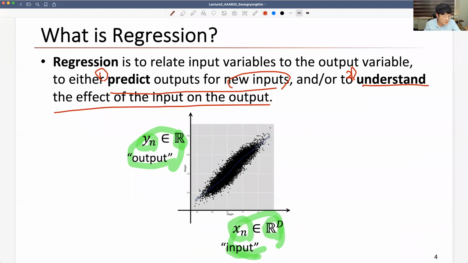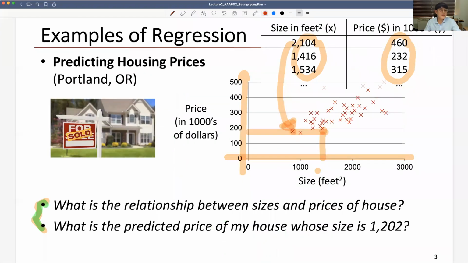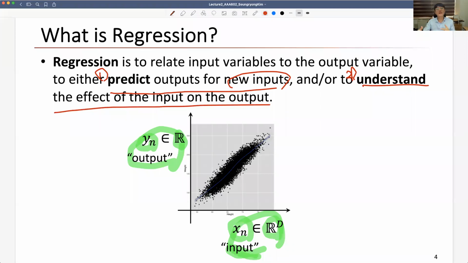For example, going back to our previous questions, the second question was the prediction problem, and the first question was the understanding or interpretation problem, right? By using regression, we can understand the effect of the input on the output or predict the output for a new input. This is the goal of the regression problem.